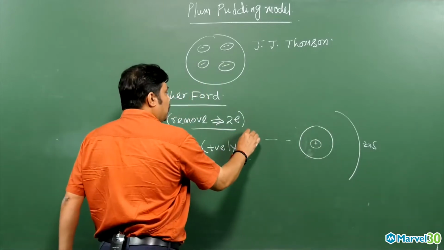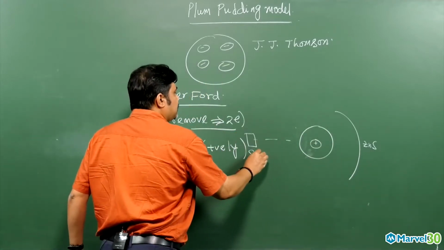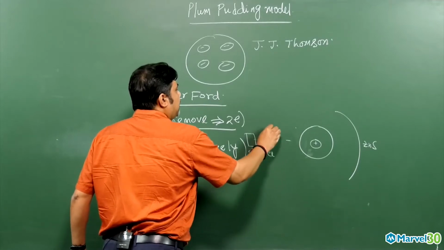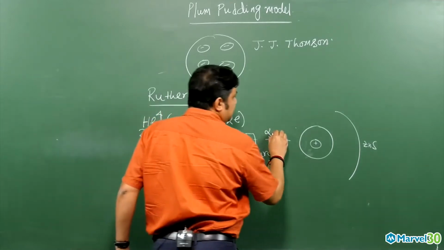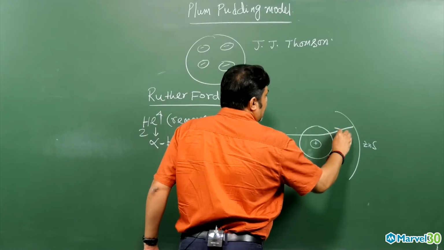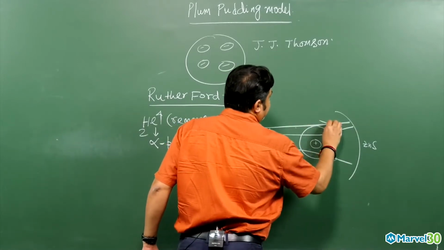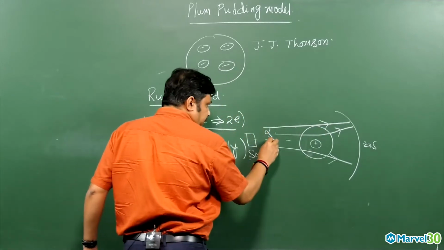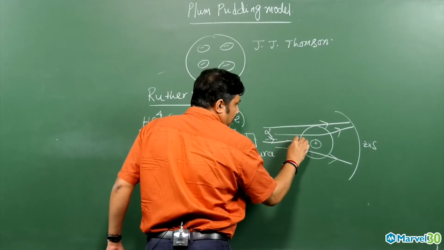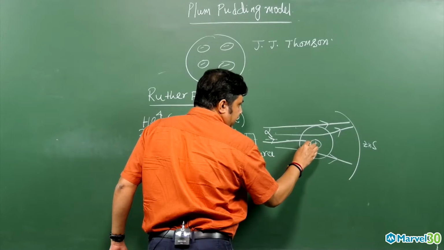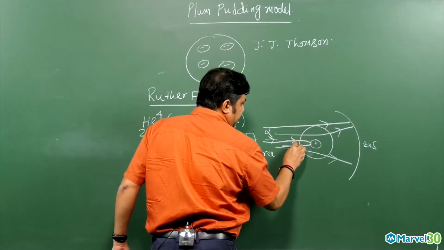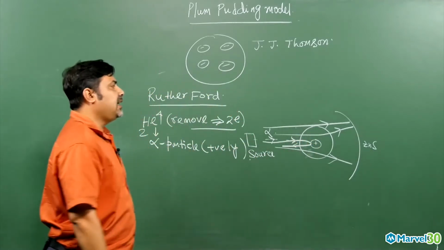From the source, the alpha particles go toward the foil, and most alpha particles either show very little deflection or go straight away. Out of 20,000 alpha particles, only one takes a 180-degree angle and makes a U-turn.